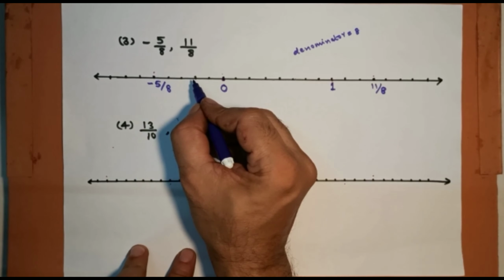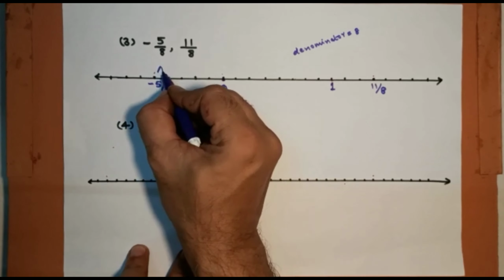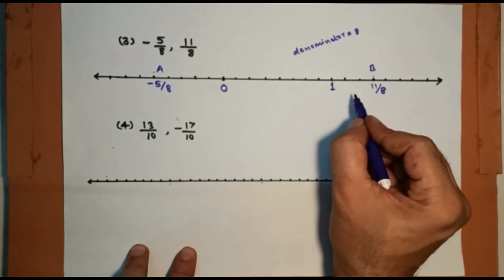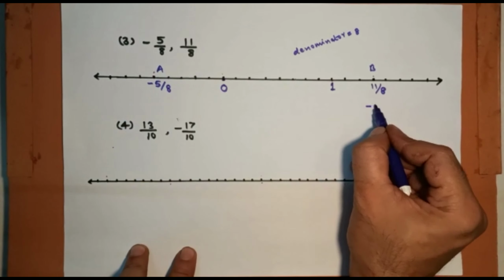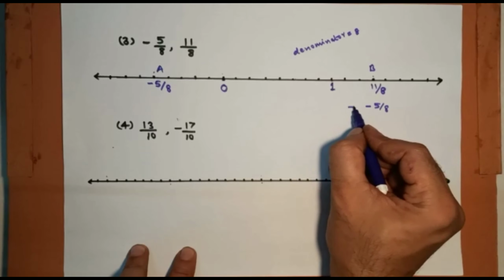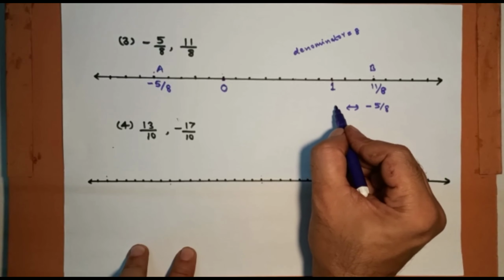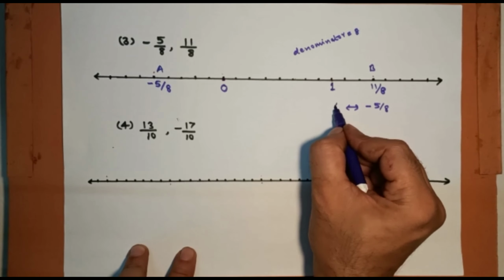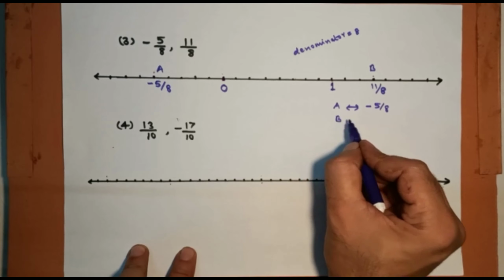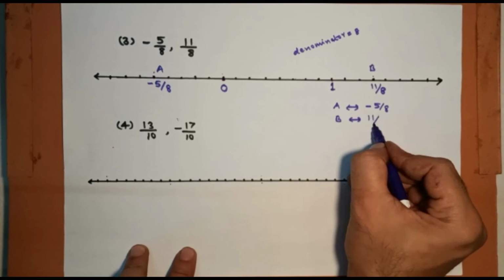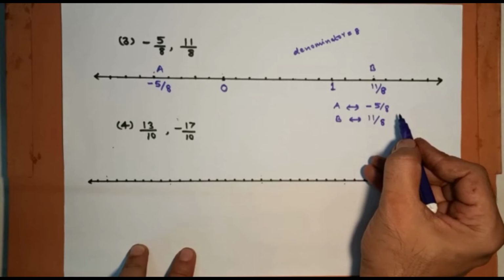Represent these two numbers with some alphabets. Say this is A and this is B. So the number minus 5 upon 8 is indicated by point A, whereas point B indicates 11 upon 8.